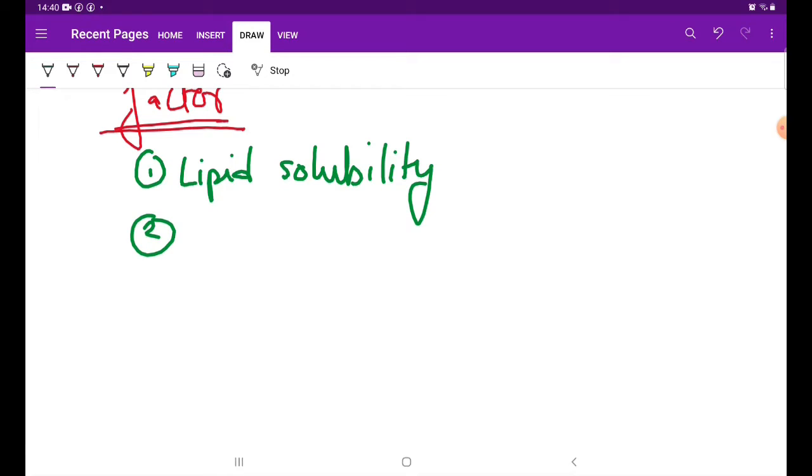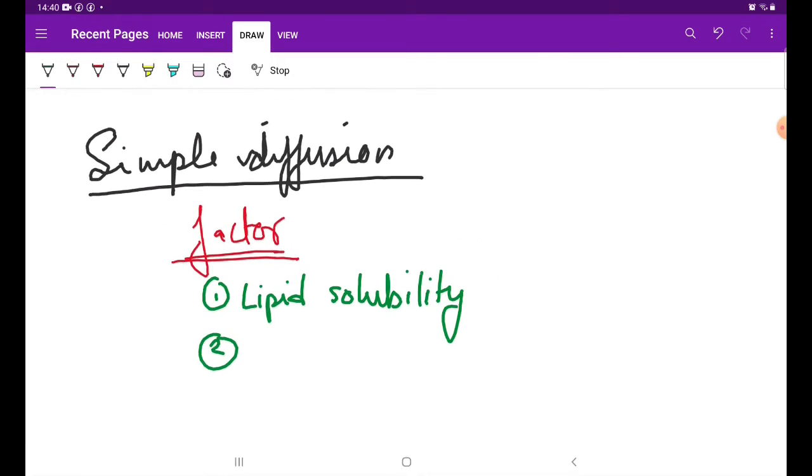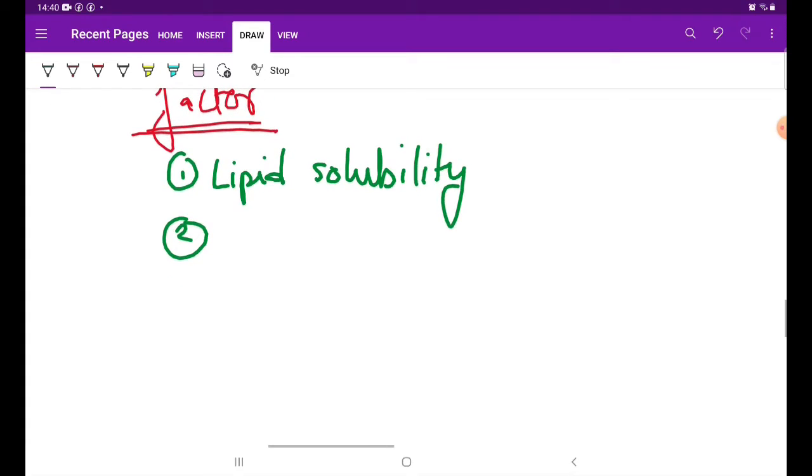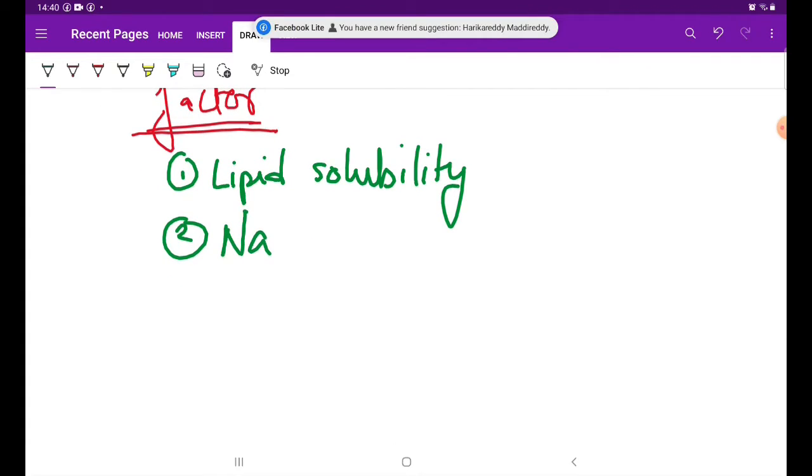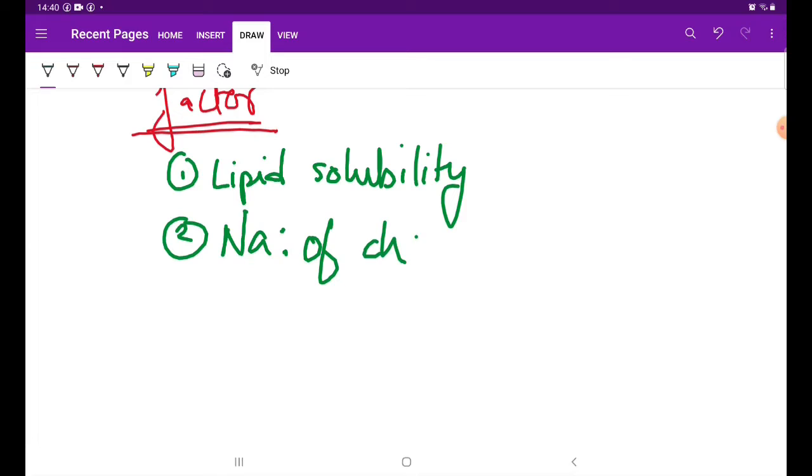Which takes in simple diffusion, that is number of channels. It's not sodium, okay, it's number of channels.